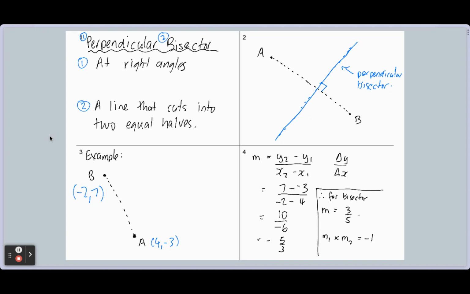And there's good, logical, hard reasoning behind it, but that's what it's like. So ultimately, that's what you do if you need to calculate it because you're not sure what you're doing. But ultimately, you take the gradient of one and you flip it and change its sign, and you get the gradient of the perpendicular. I don't like mathemagic, but in this instance, I just want to move on.